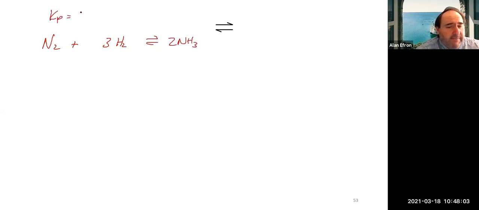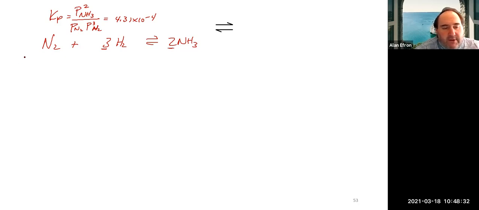Remember, since it is a Kp value, it's the partial pressure squared of NH3 divided by the partial pressure of N2 and the partial pressure cubed of H2. And that would equal our 4.31 times 10 to the minus 4. We do the same thing, right? We use our coefficients as our exponents. Again, not concentrations, but partial pressures.